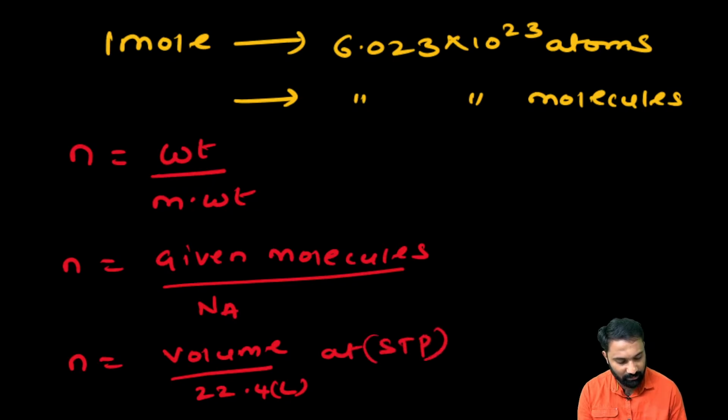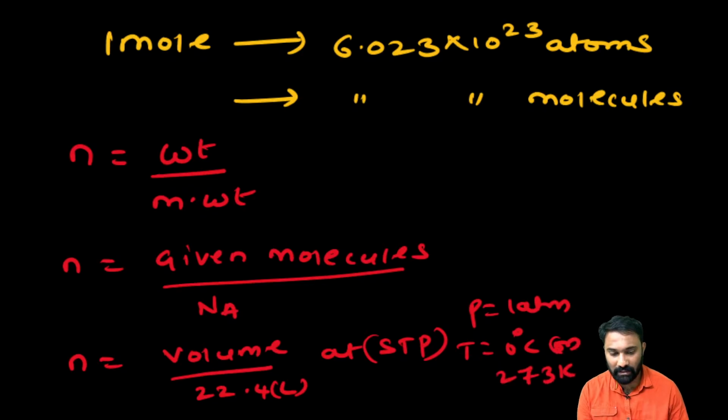We know STP condition means pressure is equal to 1 atm, temperature 0 degrees Celsius or 273 Kelvin. Clear? Now based on these 3 formulas only, we'll see how they will ask the questions.